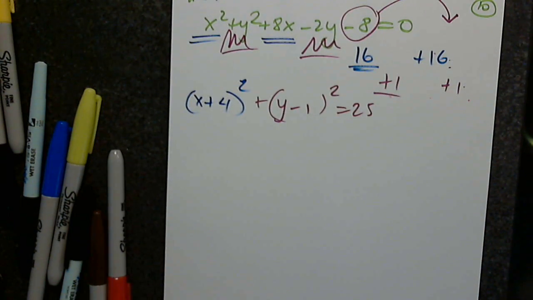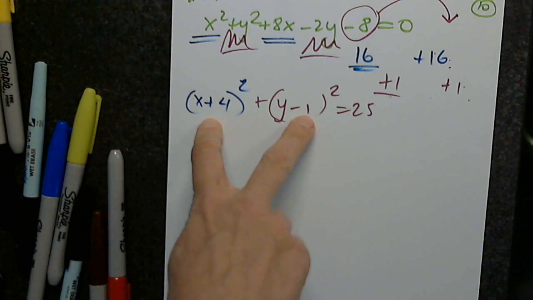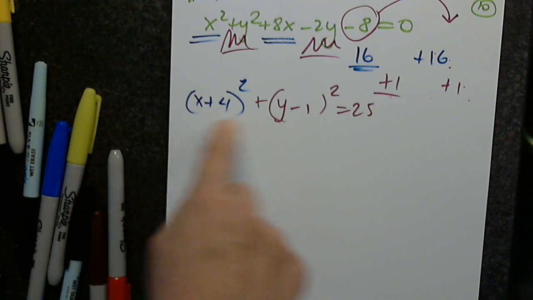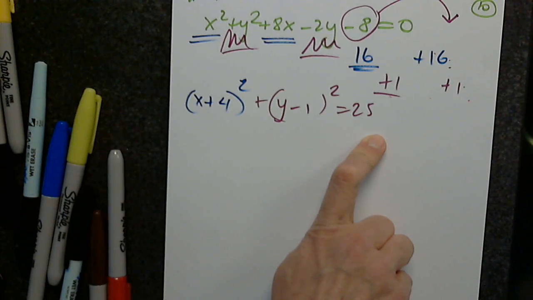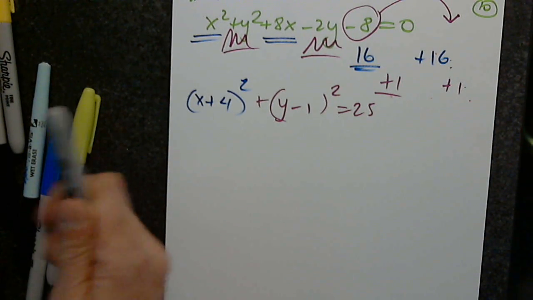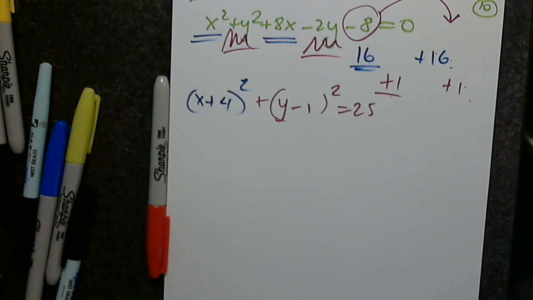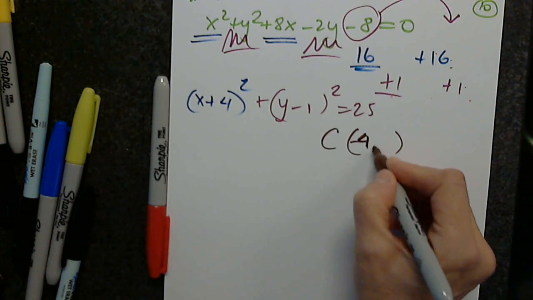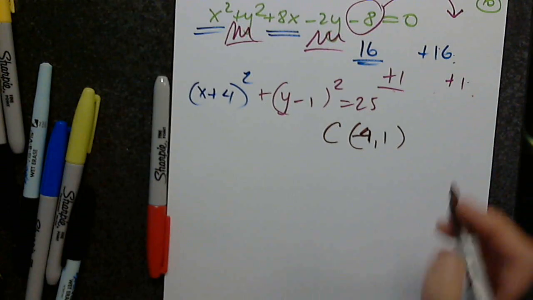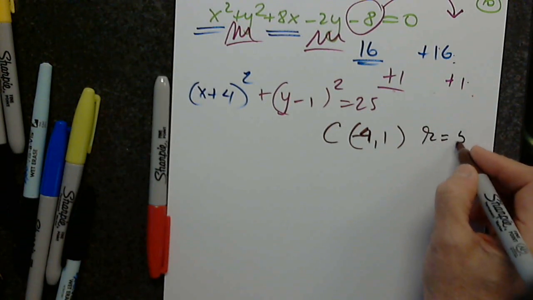So now, final question. Is this the equation of a circle? Does it represent a circle? Yes, because it's a sum of two complete squares, one with x and one with y. The number on the right-hand side is not 0, and it's not a negative number. So therefore, we can identify the center at -4 and +1, and the radius is 5.